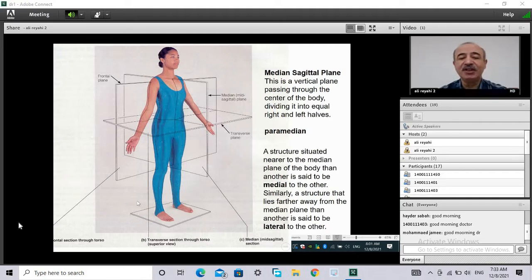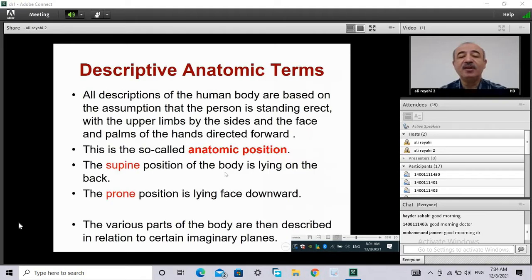This position is called the anatomical position, and if you lie on your back on the ground, this position is called supine, and the opposite position, when you lie on the abdomen, for example, is called prone.